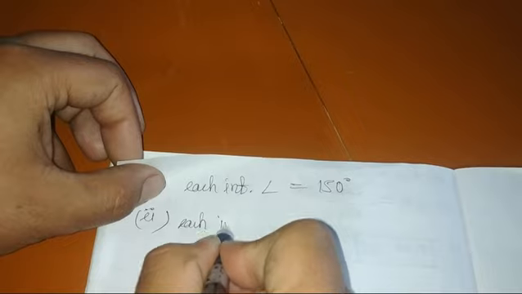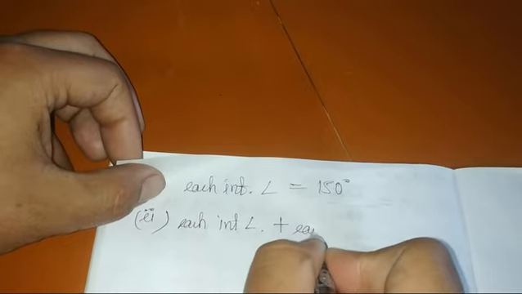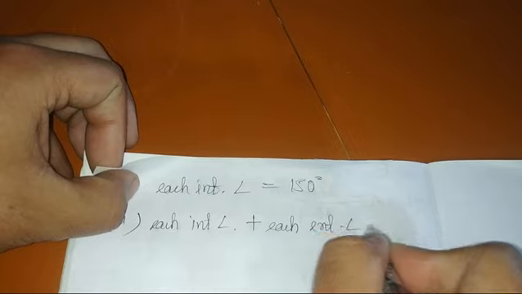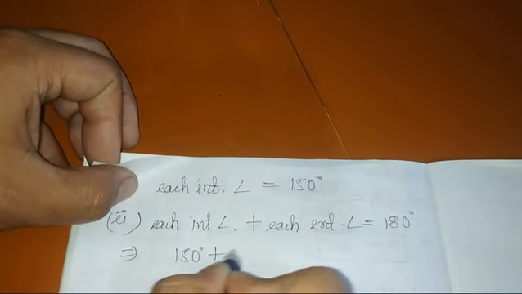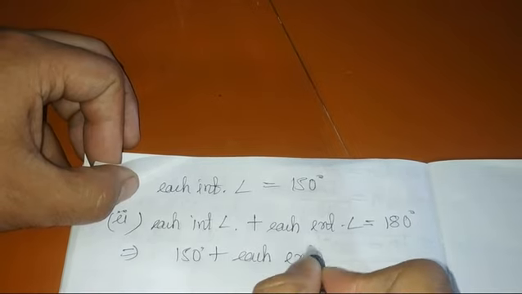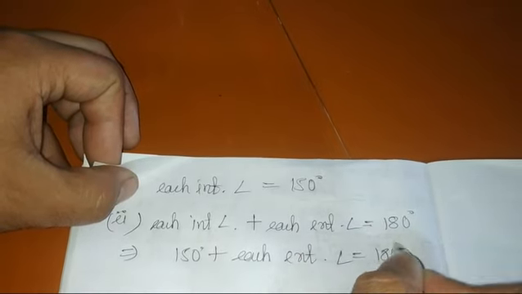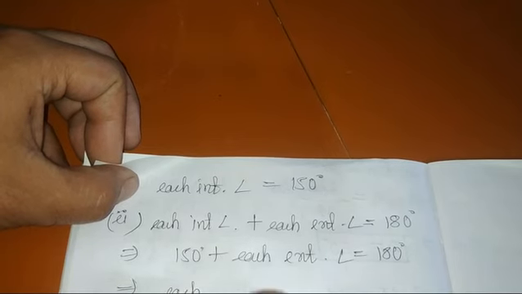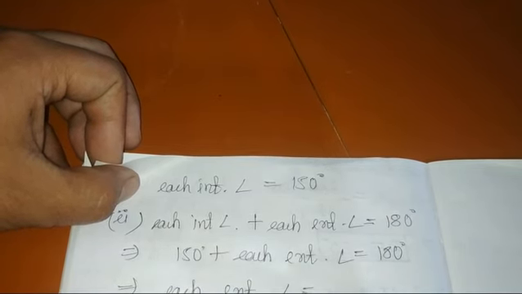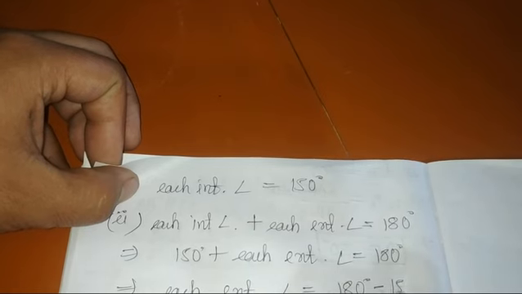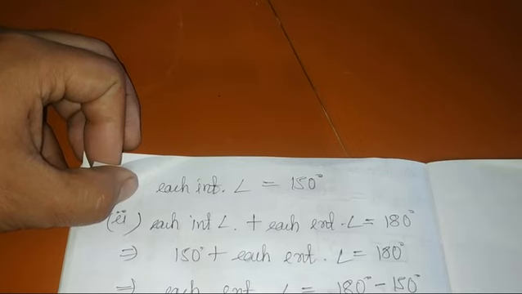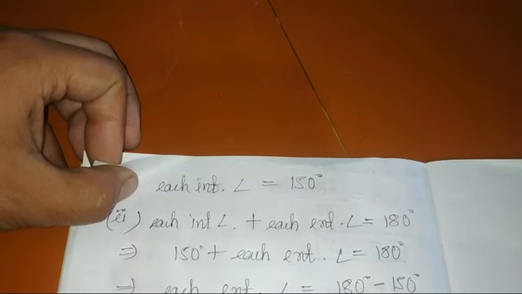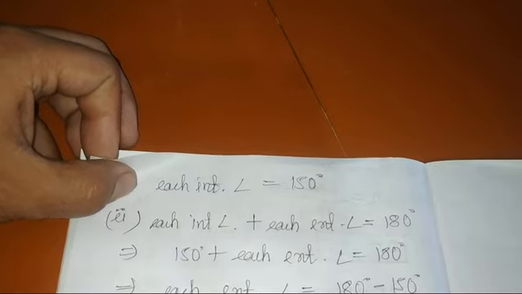Using the same formula, each interior angle 150 plus each exterior angle is equal to 180. So if you subtract, each exterior angle is 180 minus 150, which is going to be 30 degrees. So each exterior angle is equal to 30 degrees. This is answer number 2.